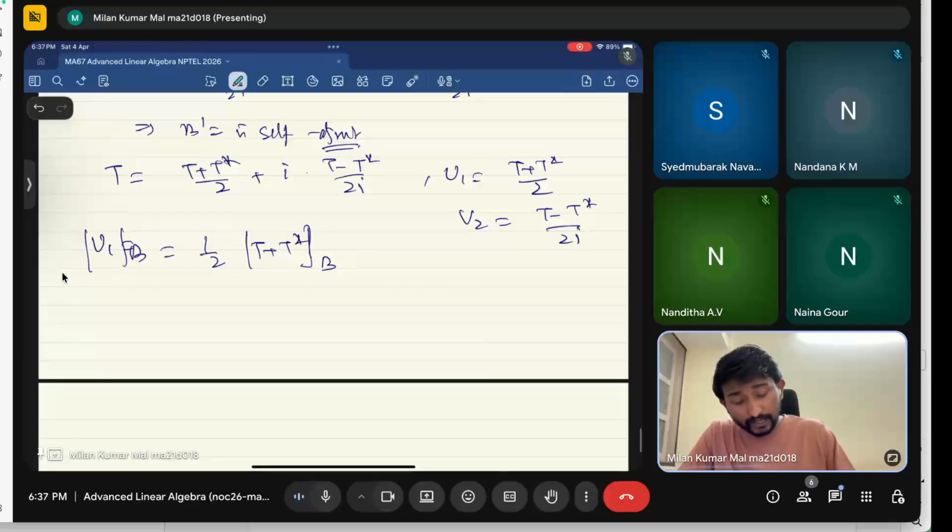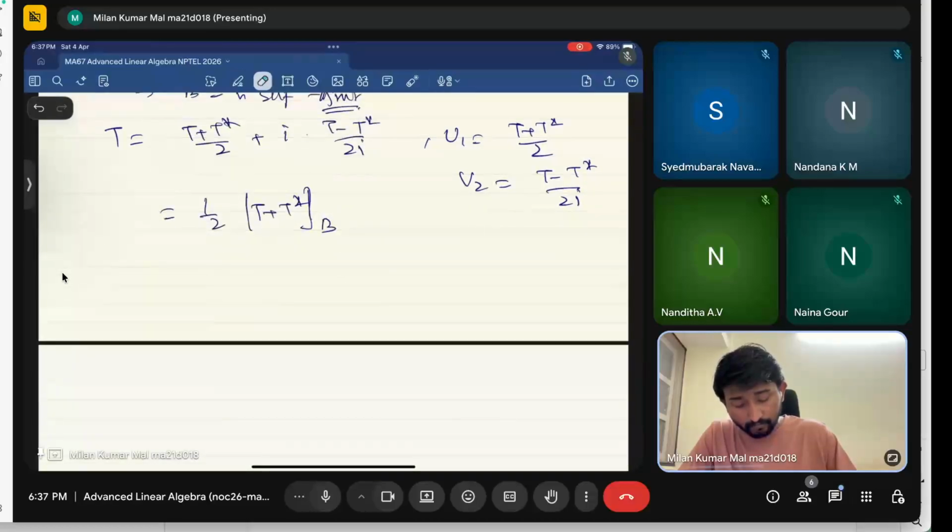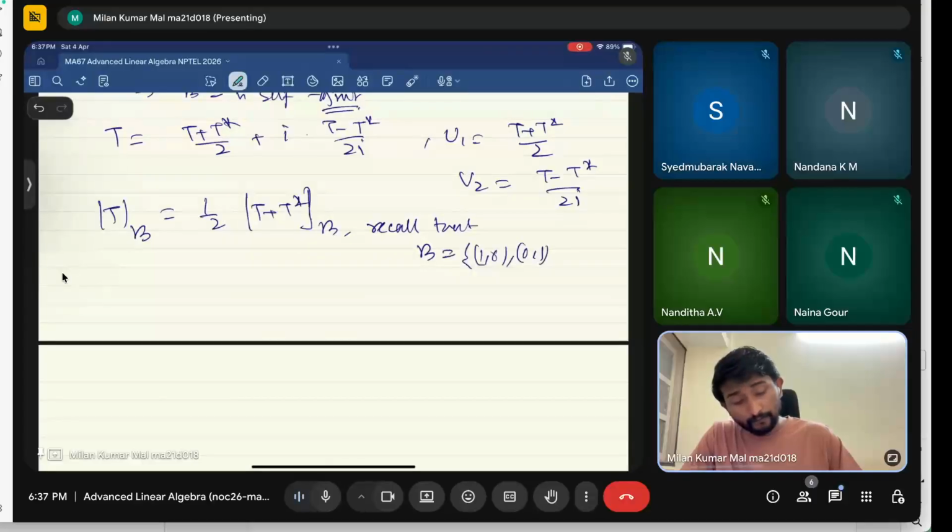Here beta is the standard ordered basis. Recall that this is beta, not B. (1, 0), (0, 1) is the standard ordered basis.